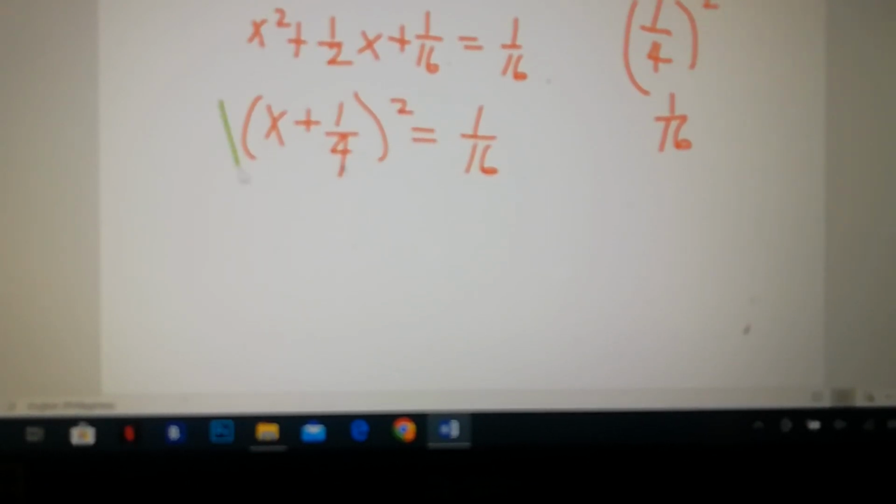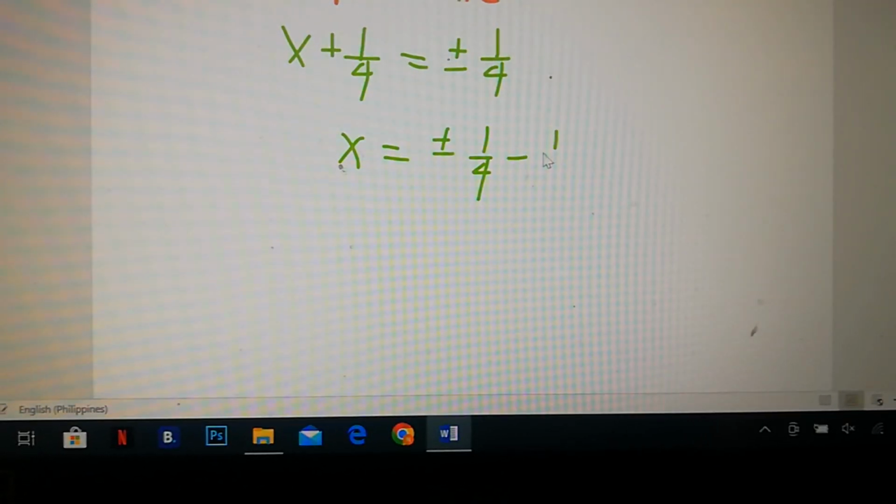Now you get the square root of the left side. If you get the square root of the left side, you need also to get the square root of the right side. The square root of the left side is equal to x plus 1/4 is equal to plus or minus 1/4.